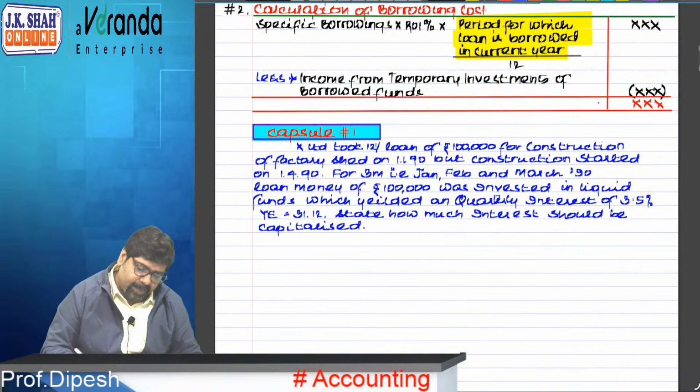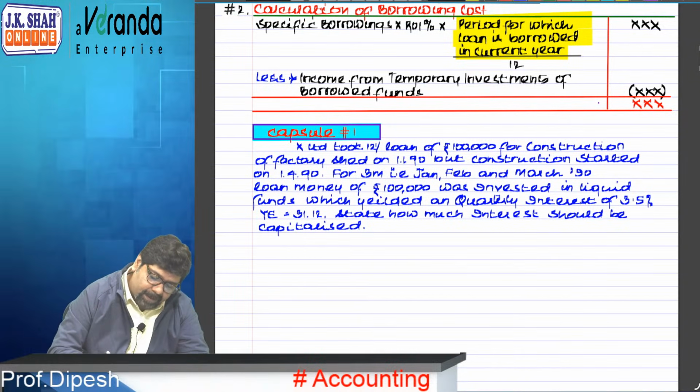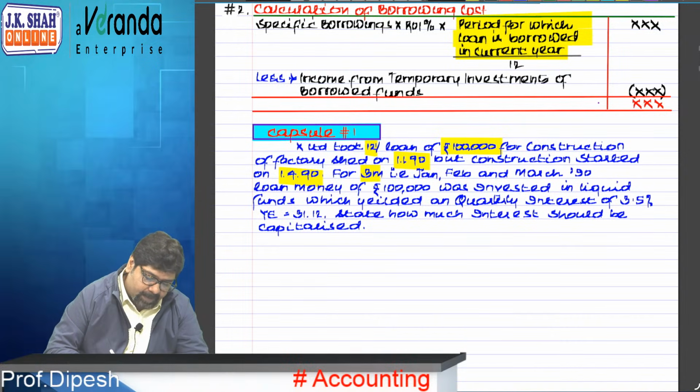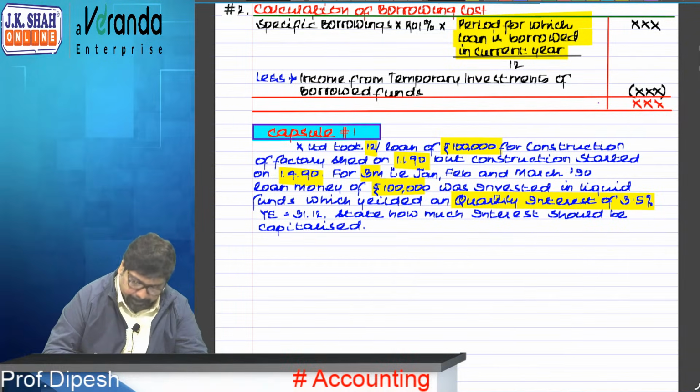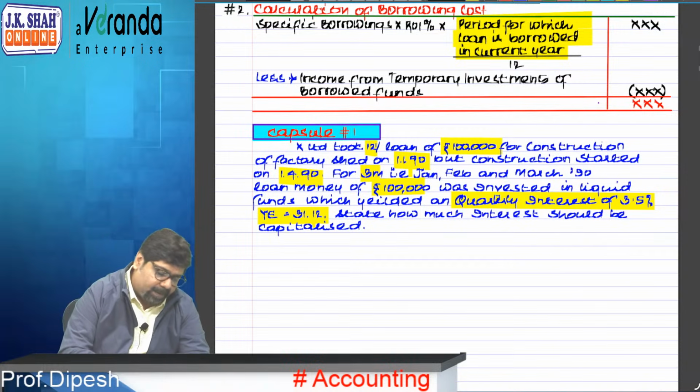Fair enough? Now, for example, X Limited took 12% loan of rupees 1 lakh for construction of factory on 1/1/90, but the construction started from 1/4/90. For 3 months, that is Jan, Feb and March 90, loan of rupees 1 lakh was invested in liquid, which yielded a quarterly interest of 3.5%. Year ending is 31st December 90.